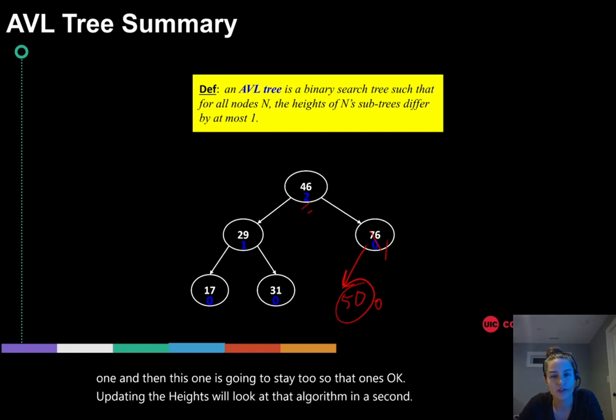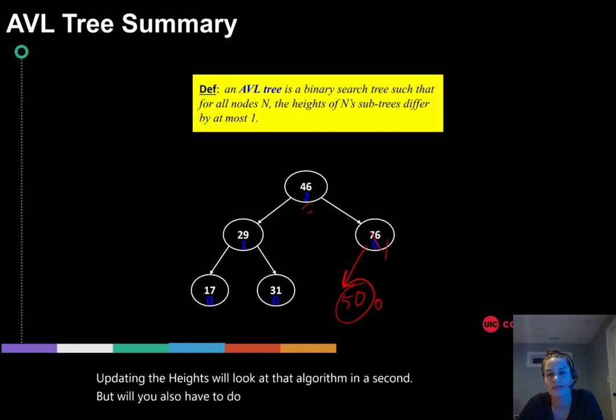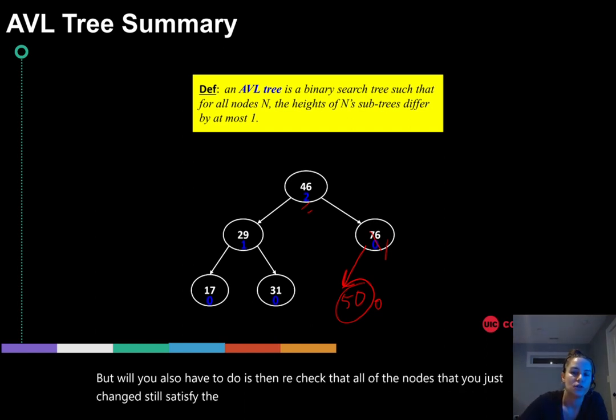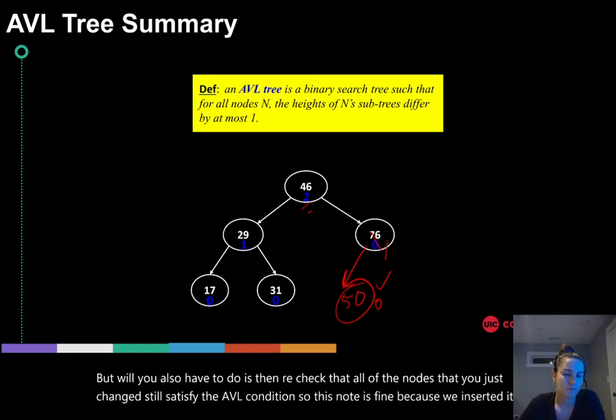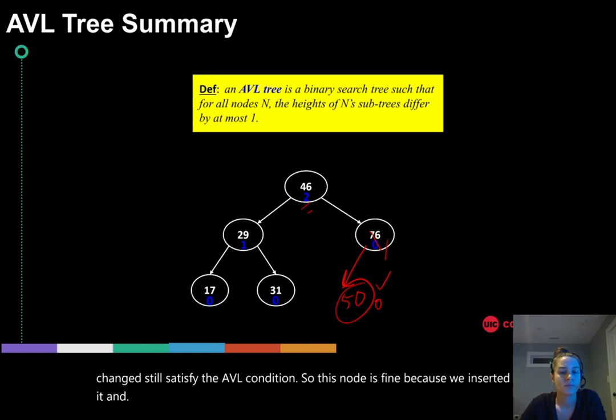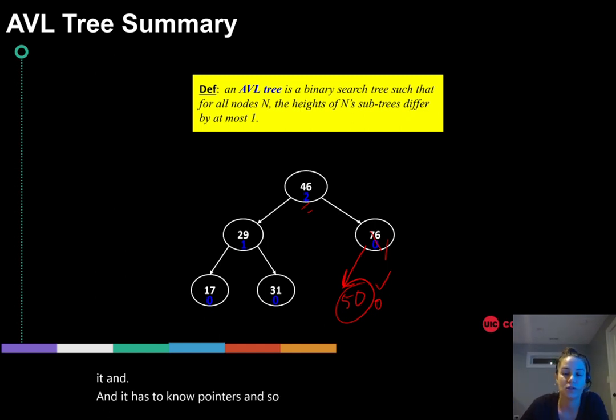But what you also have to do is then recheck that all of the nodes that you just changed still satisfy the AVL condition. So this node is fine because we just inserted it, and it has 2 null pointers, and so those are both -1, so the AVL condition is satisfied here.